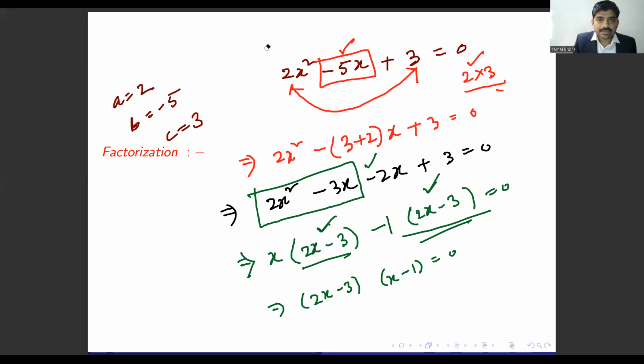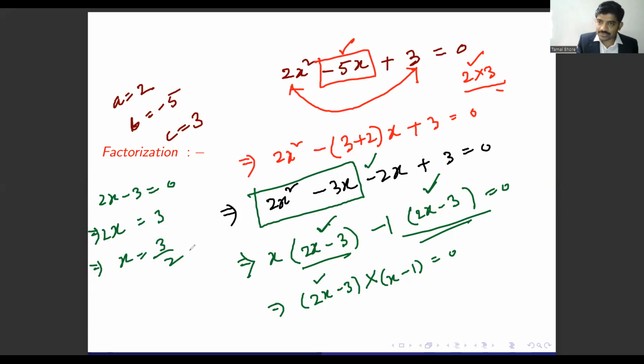First take this one is equal to 0. So 2x minus 3 is equal to 0. So that implies 2x is equal to 3. That implies x is equal to 3 by 2. This is the first solution. Or take the second, x minus 1 is equal to 0. So that implies x is equal to 1. So these are the two solutions.